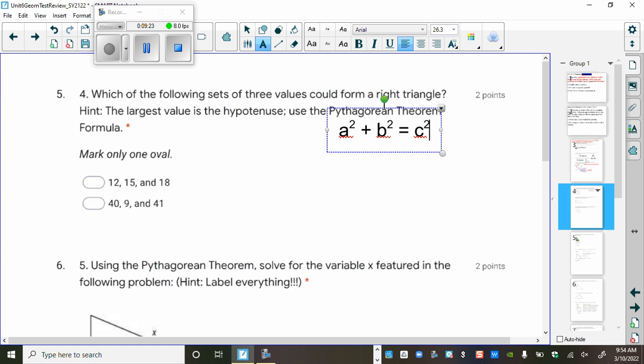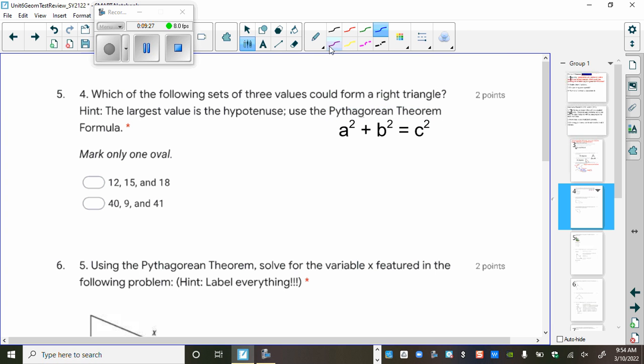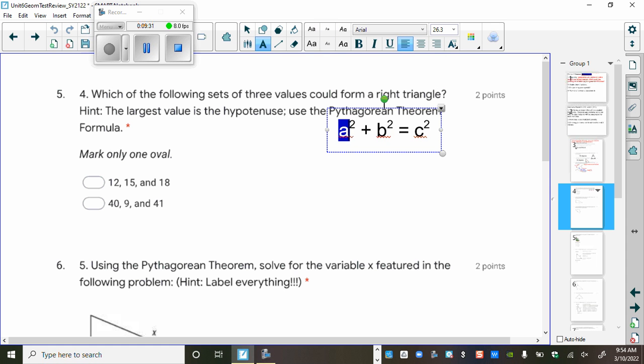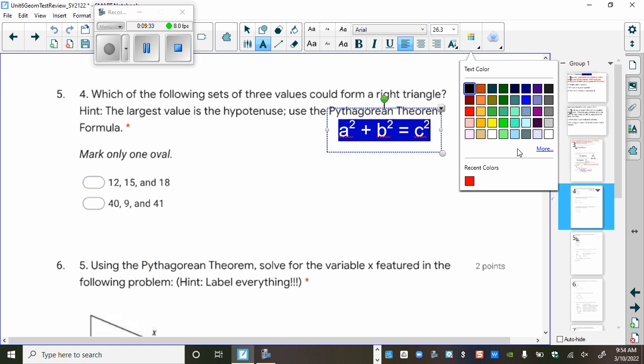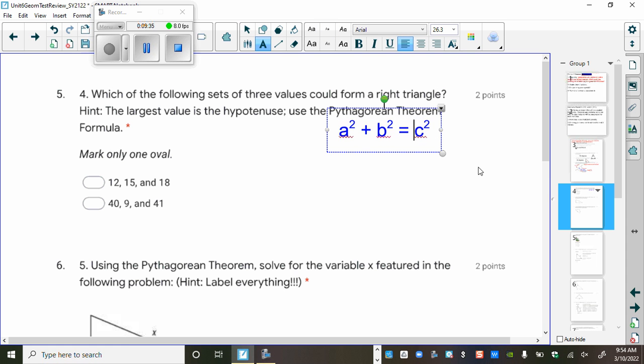As always, you always need a right triangle.